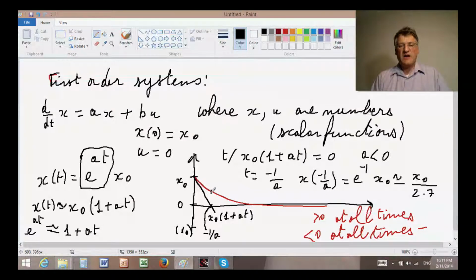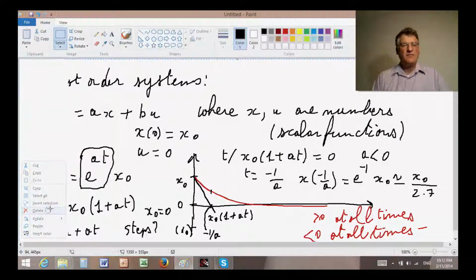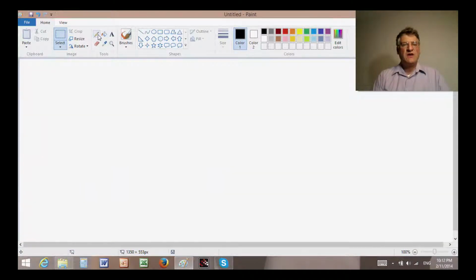So we might be interested in then studying step responses. For that, we will assume that x0 is equal to 0, and we will select another picture, whereby we again pick d/dt of x equals ax plus bu.